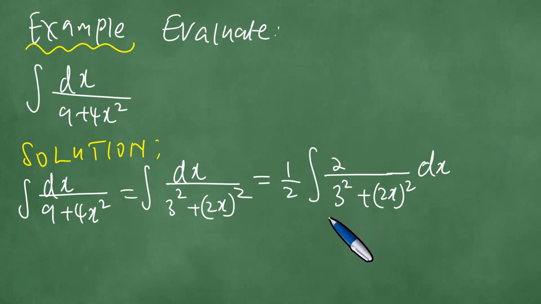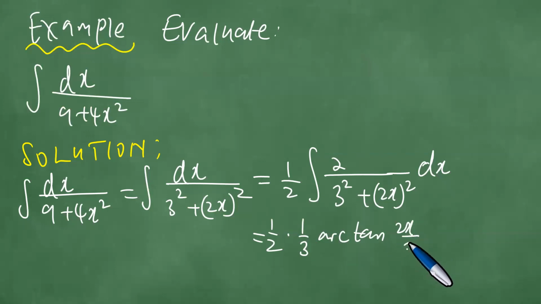And what is then the answer to this? If this is the case, the answer becomes, the 1/2 is there, so it becomes 1/3 times the arctangent of twice x over 3 plus c. What is the final answer? Because if you multiply 1/2 and 1/3, we get 1/6.